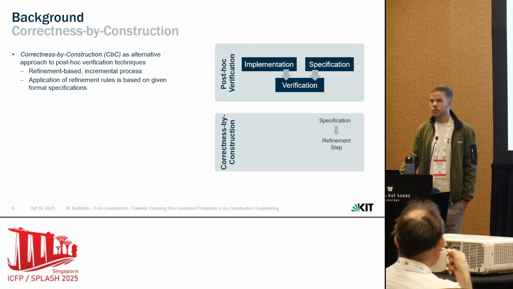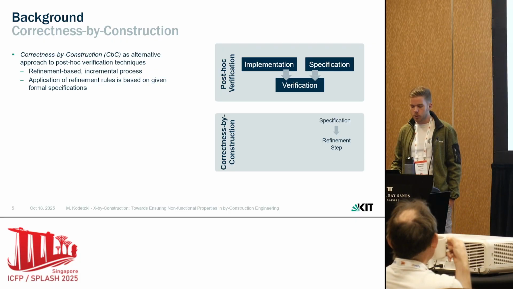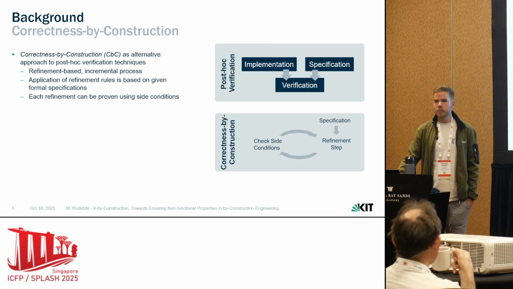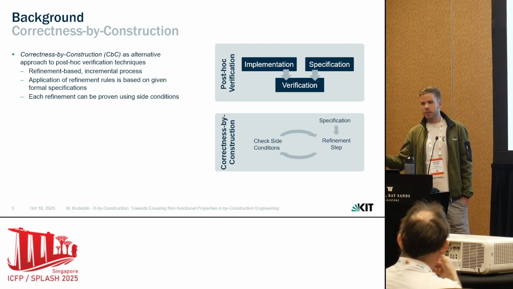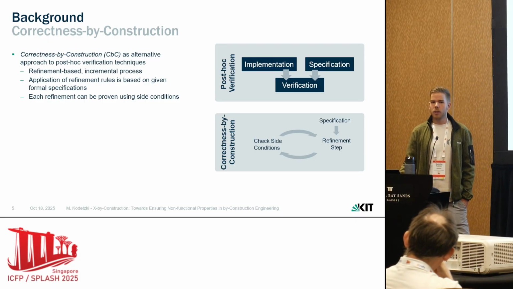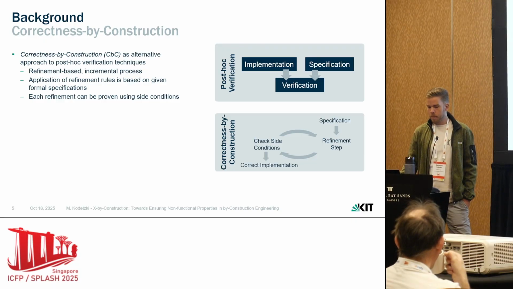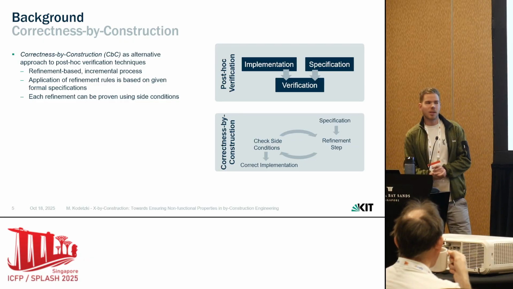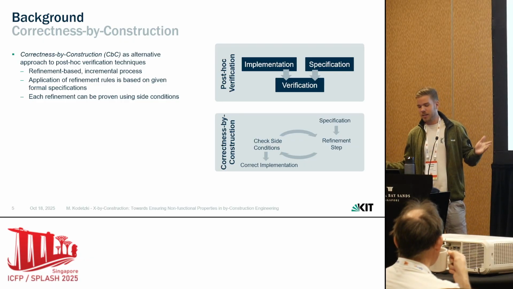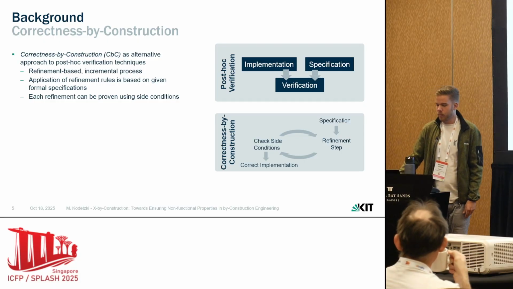So each refinement rule comes with so-called side conditions that you can check. And if this check, or the verification, is successful, you know, okay, this application was valid and still fulfills the given specification. And in the end, the result is the same as in post-hoc approaches. That's the correct implementation, in this case, even correct by construction.